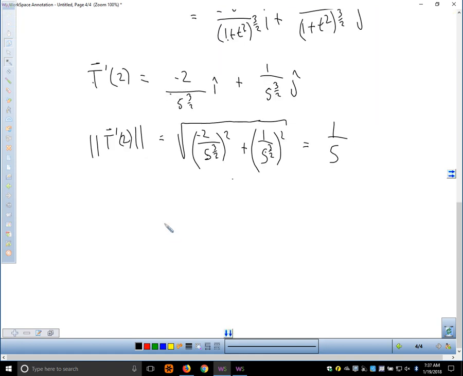All right, so finally, N, our principal unit normal vector, at 2 equals 5 times this thing.